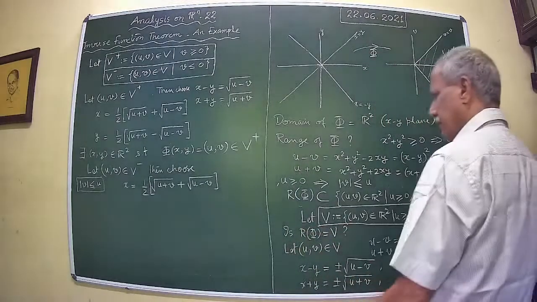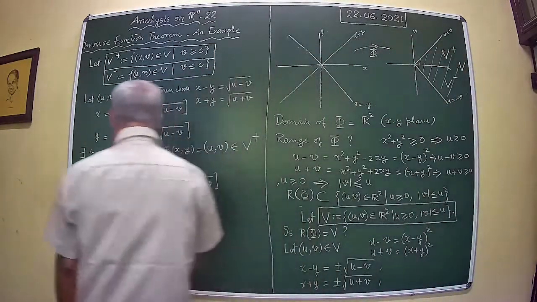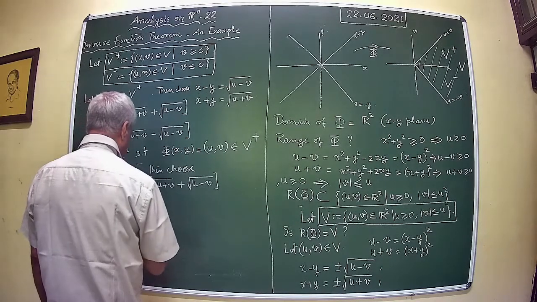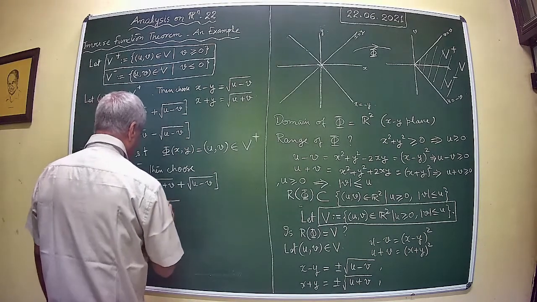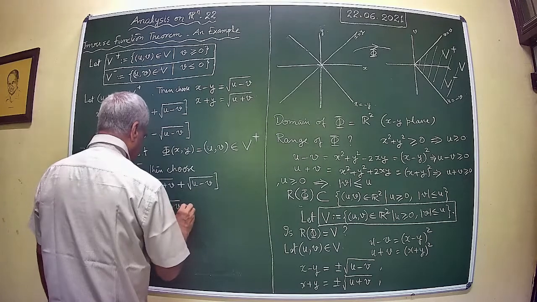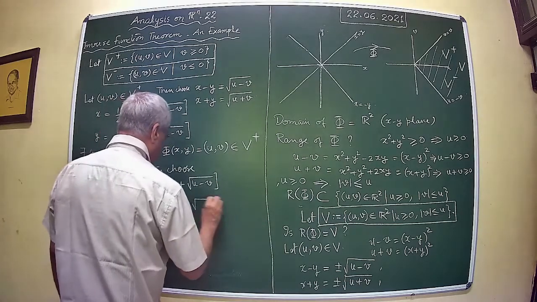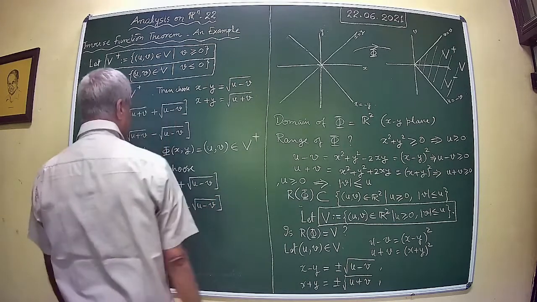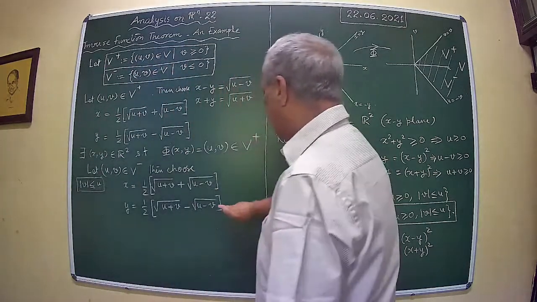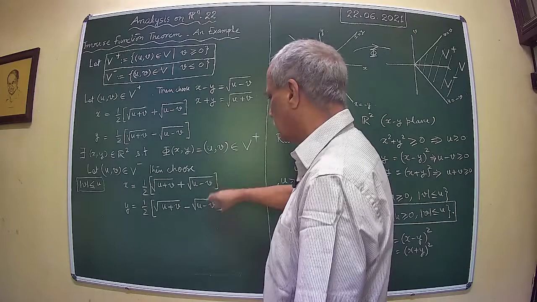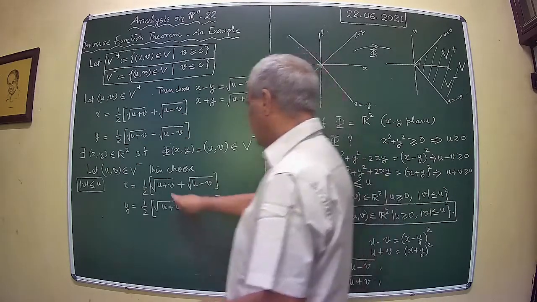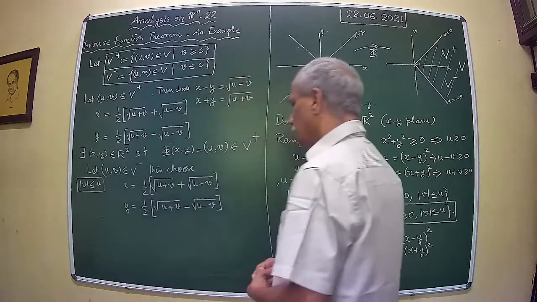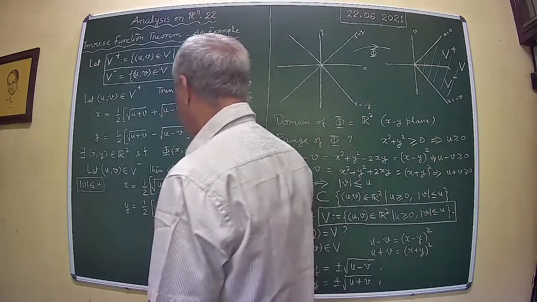Once again you have the same definition, y equal to. V is negative, therefore this term is positive certainly. V is negative, but you have this condition that mod v is less than u, therefore this is well defined.